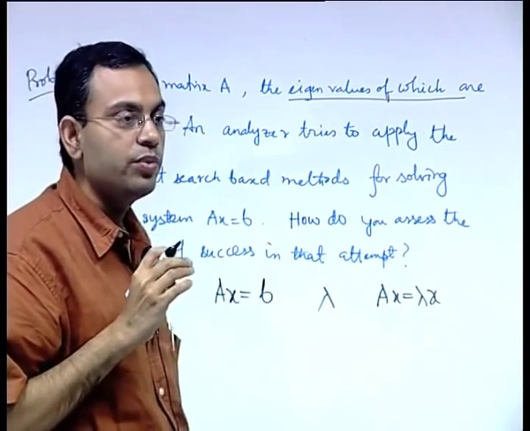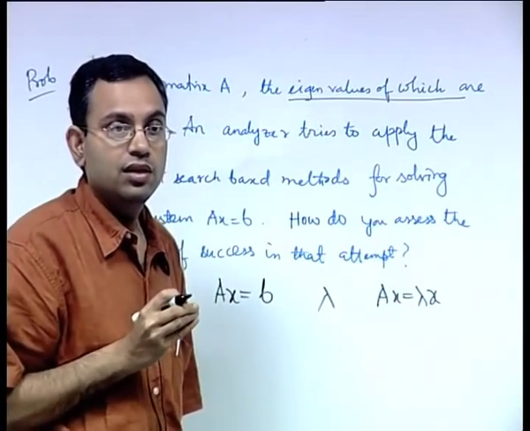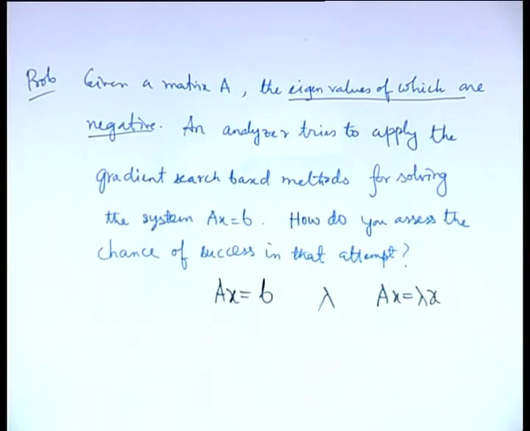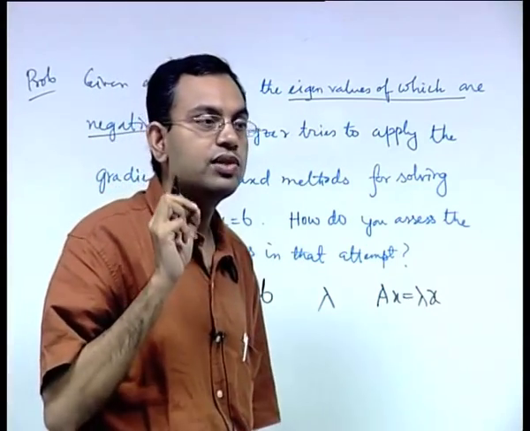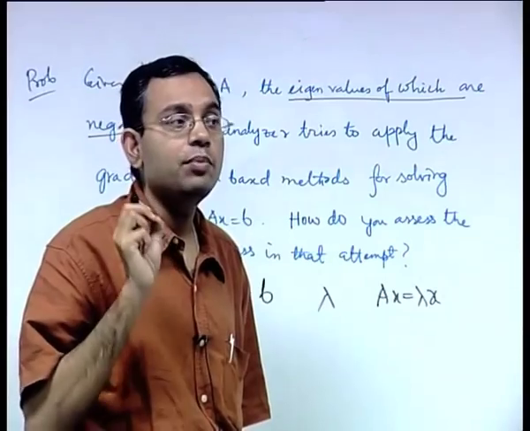One is A has to be symmetric, another A has to be positive definite, because we have shown that the symmetric condition is good enough to have the gradient of the function f equal to 0 corresponding to Ax equal to b, but that does not ensure a minimization.